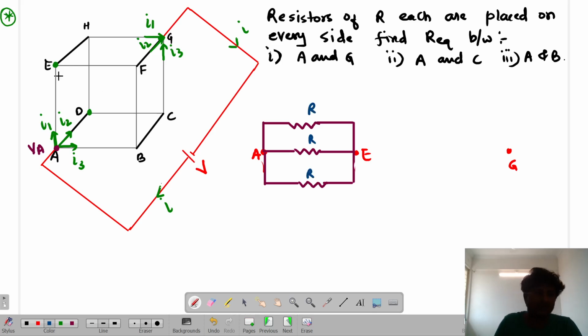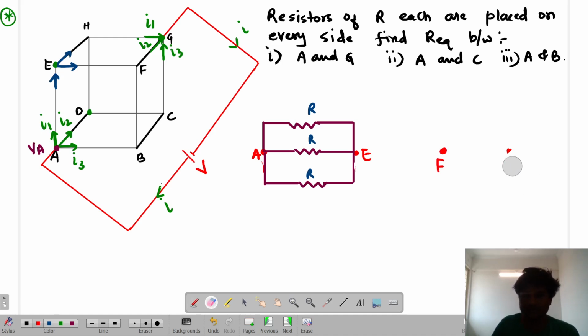Now go to point E. Once again, the current I1 is divided into how many parts? Three parts or two parts only? Two parts. So this is V of E. V of E is common for how many edges? One and two. Here it is going to F, so mark another point as F in between.